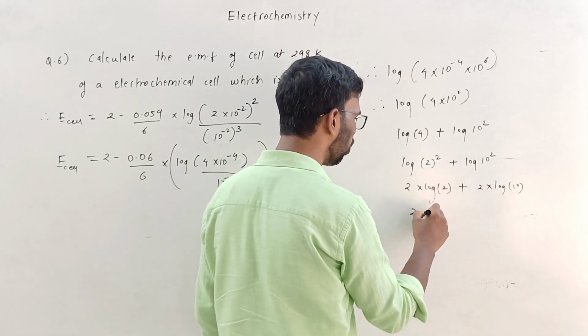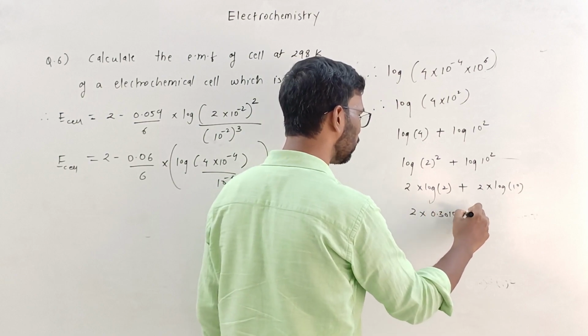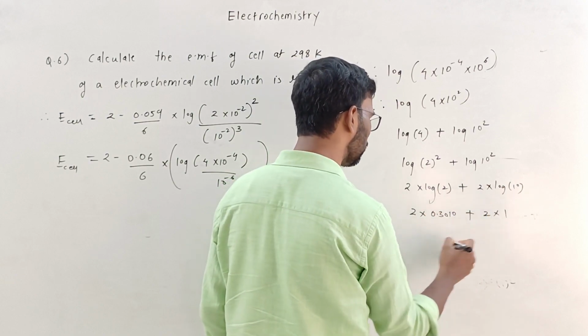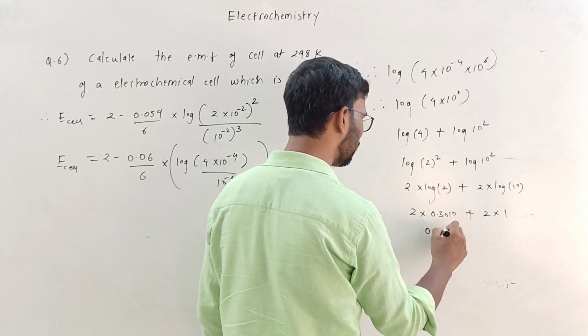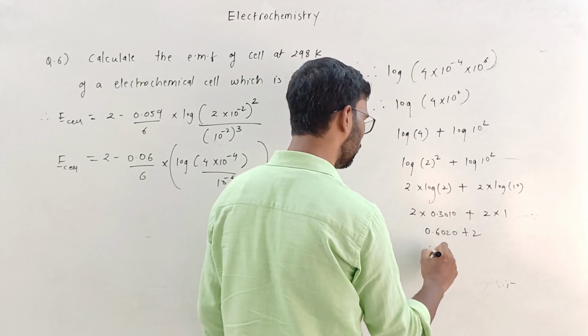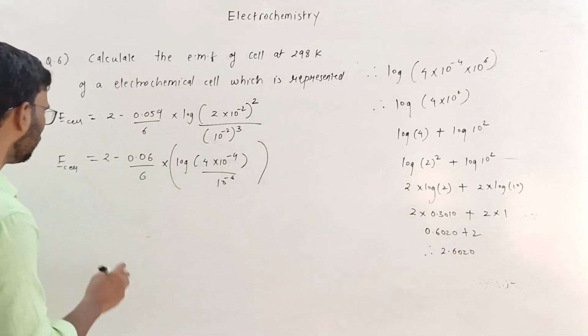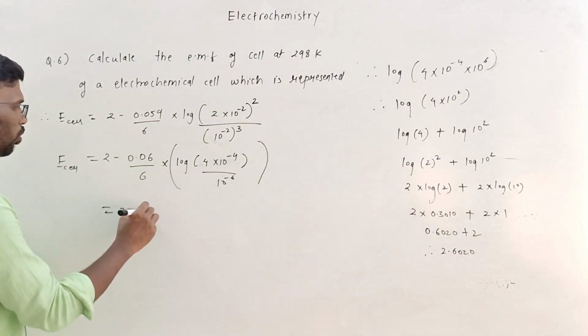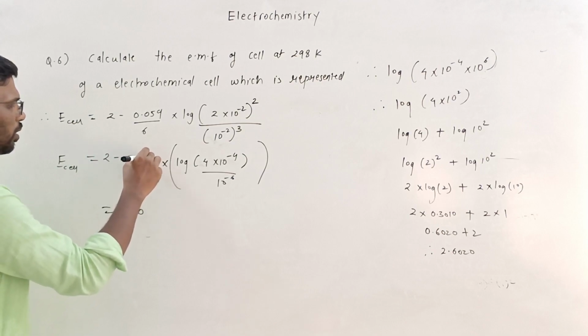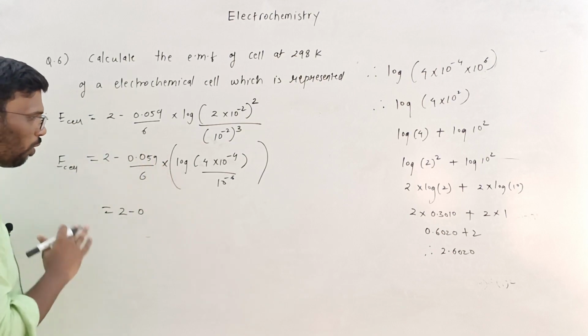So 2 into log of 2 is 0.3010, plus 2 into log of 10 is 2. So 0.6020 plus 2 comes to 2.6020. Right. So this will be equal to 2 minus 0.06 upon 6 into 2.620. See, this is just a small approximation I have done. You can solve it properly.